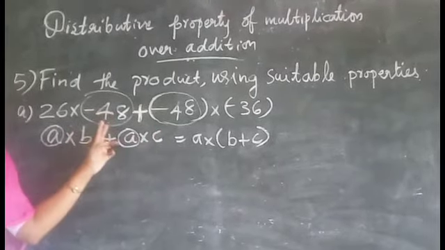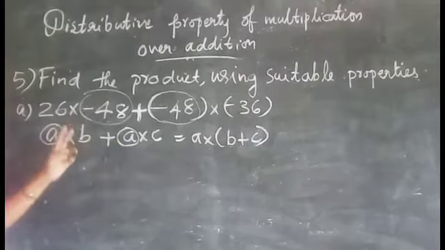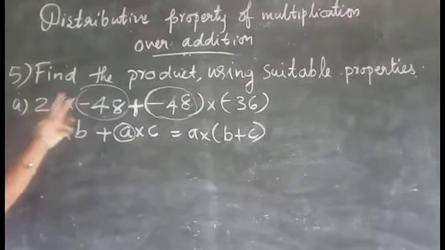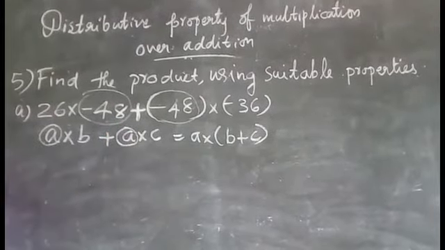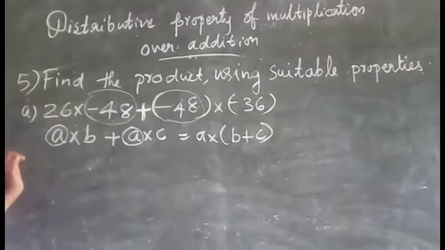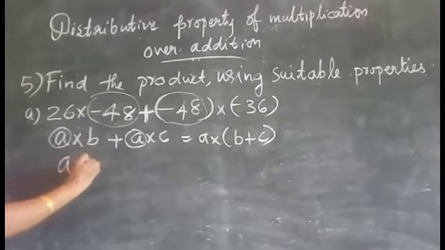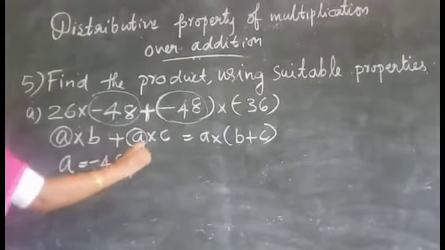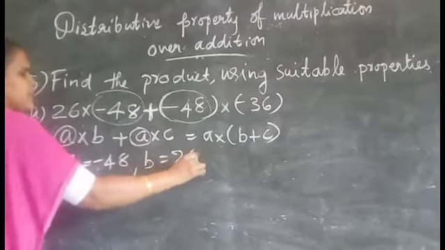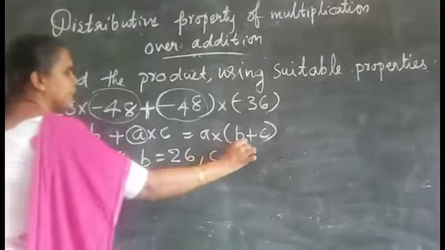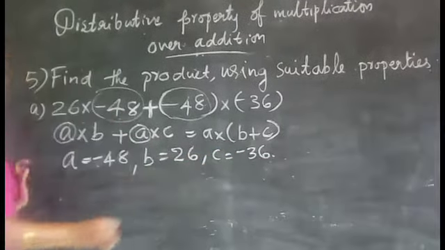That is negative 48. So we can write A is equal to negative 48, B is equal to 26 and C is equal to negative 36.